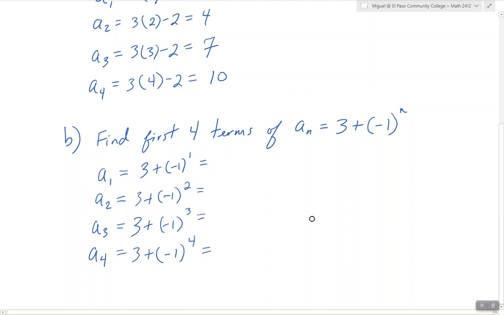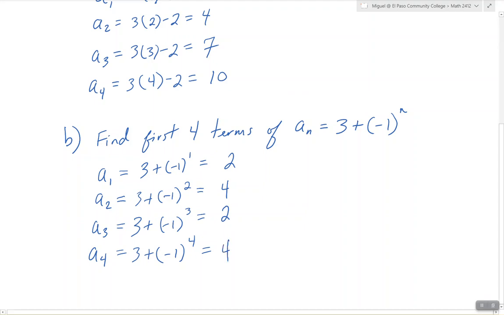Negative 1 to the 1 will be negative 1, so negative 1 and 3 in this case will just give us 2. Then negative 1 squared is positive 1 plus 3 will give us 4. Negative 1 cubed will be a negative 1 plus 3 is 2. And negative 1 to an even power will be a positive 1 plus 3 is 4.